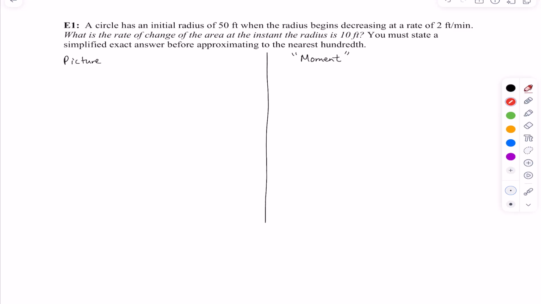So let's go ahead and draw a circle. Now, you have to ask yourself, is this radius fixed or is it increasing or decreasing? So you go back and read the problem. If the radius is decreasing, my first picture is rather large, so I would try to draw a bigger circle, and then at the moment, I draw a smaller circle.